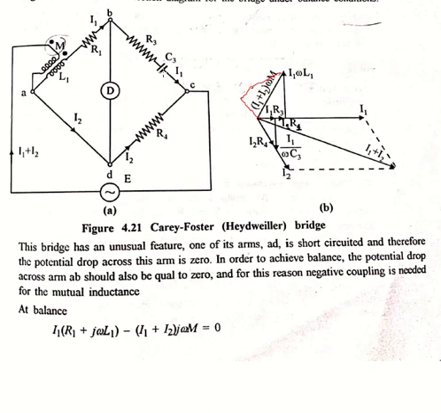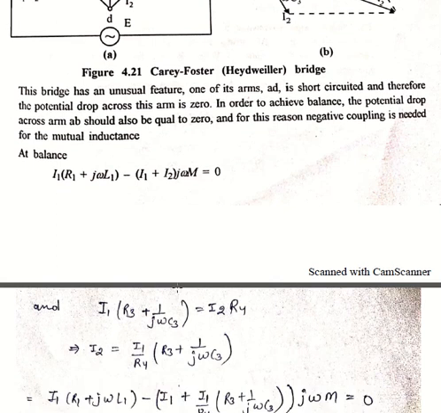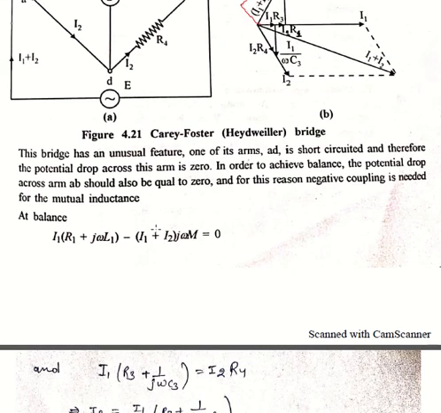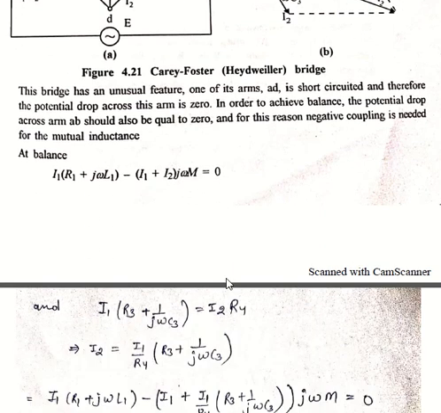So by this we are having the next equation, which will be I1 in bracket multiplied by R3 plus 1 by j omega C3 is equal to I2 R4. That is the voltage drop across this arm. So basically we are having two equations, one is this and the second is this.